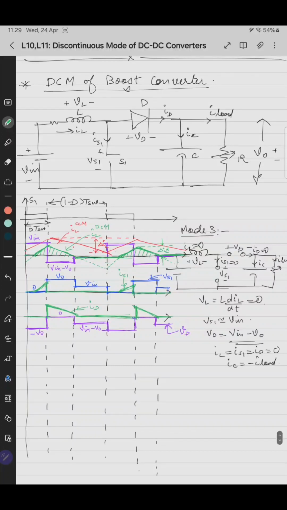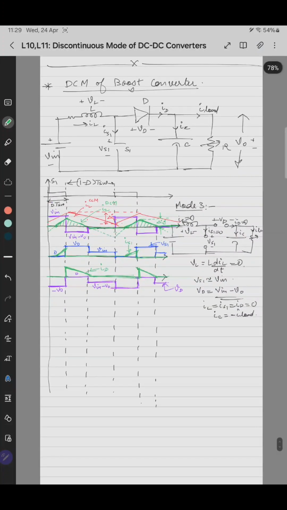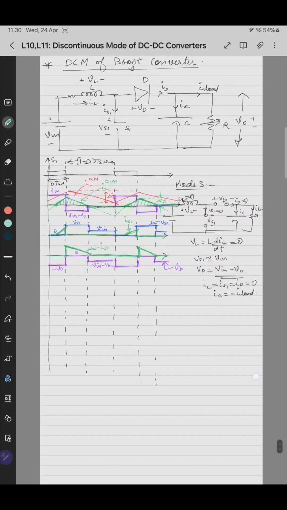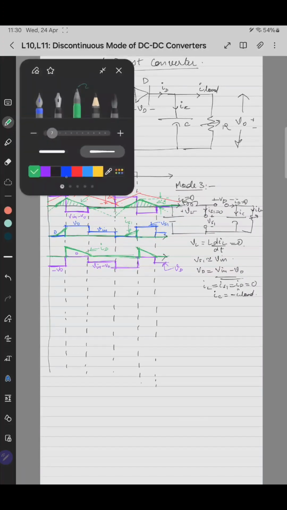Now the capacitor current. We'll assume that I load is constant. So ID is IC plus I load. So ID has some average value plus ripple. So the ripple should go to the capacitor and the average value should go to I load because I load is constant. So we'll just push the waveform of ID downwards.